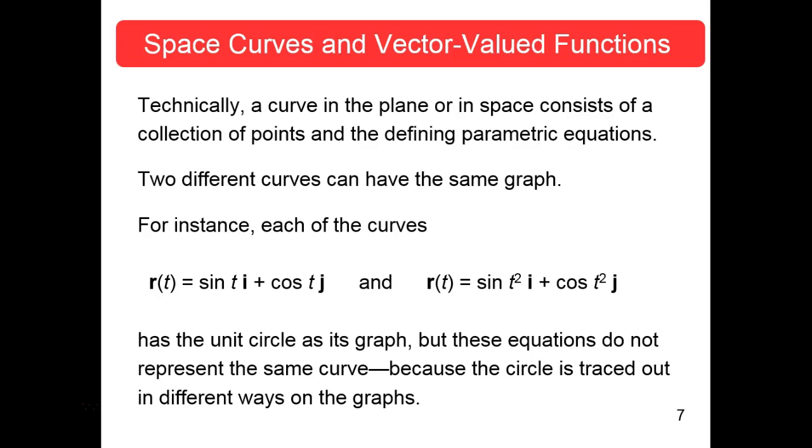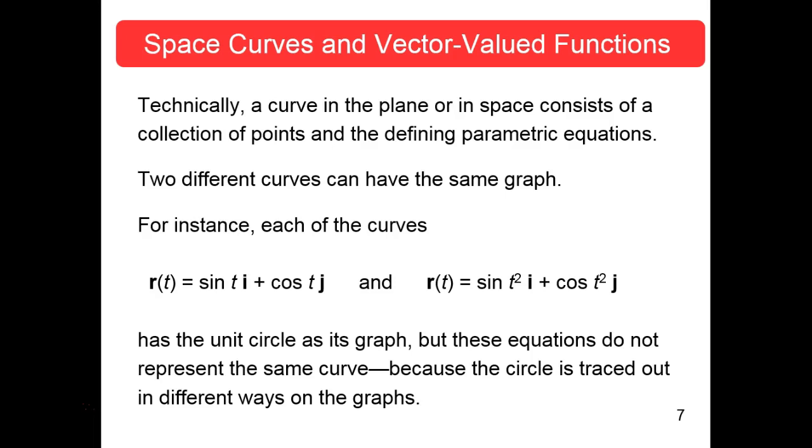You start with t equals 0, and as t increases, then your sine is increasing. Wait, I said it backwards, I think. I wasn't paying attention. Usually I think that this is cosine. Sorry.